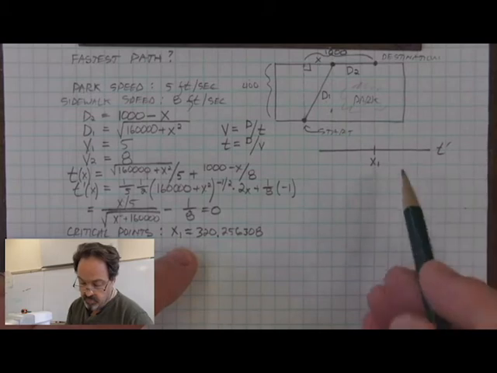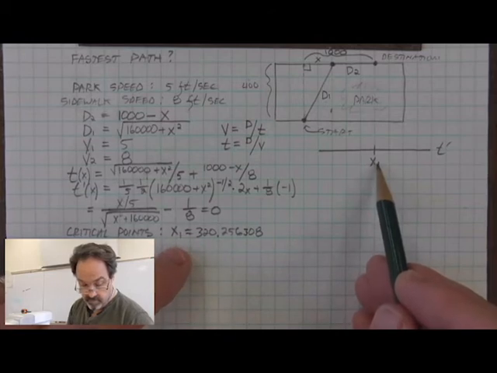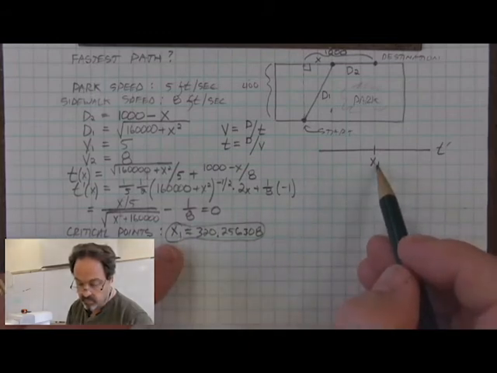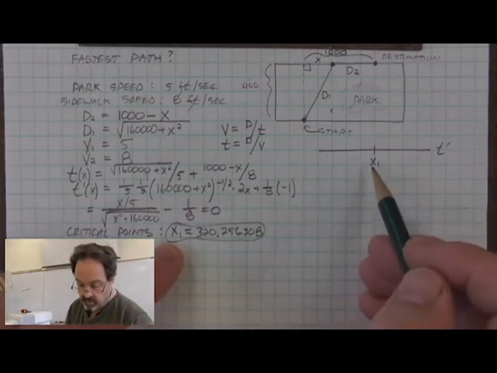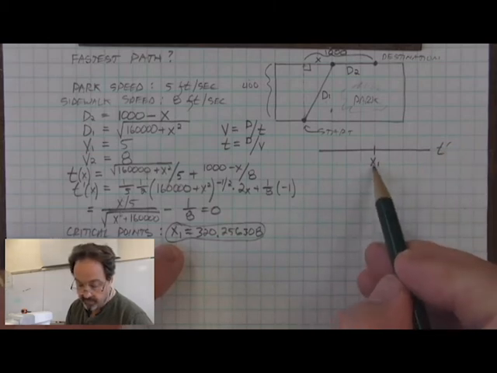I've labeled this point x sub 1. It's the only critical point, but it's not any value of x. It's a specific value that was previously found. So we've given it the symbol x sub 1. And on the sign line, I want to find the sign of the derivative before this value of approximately 320.